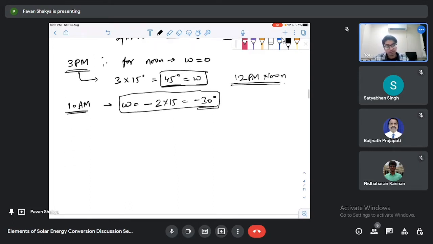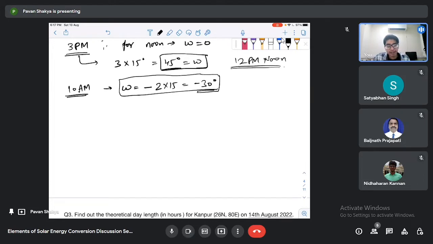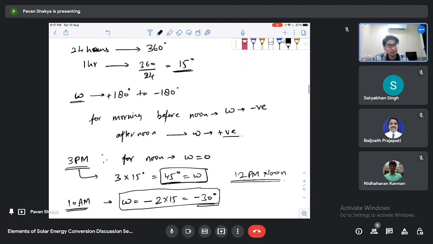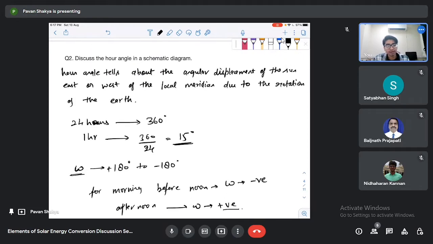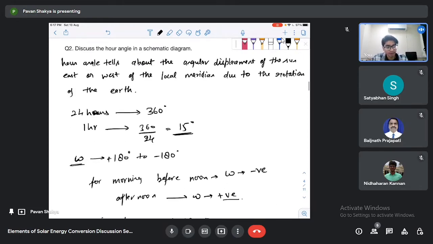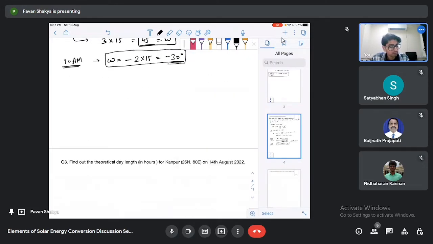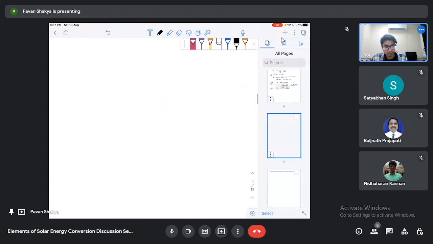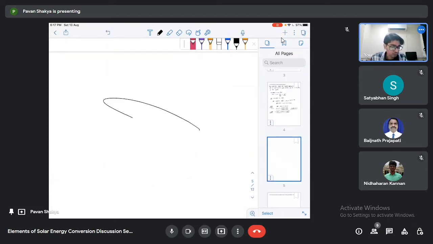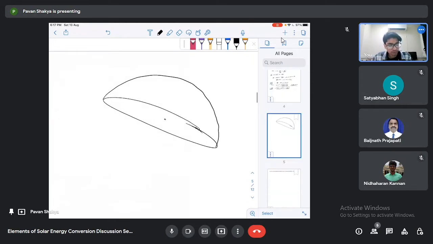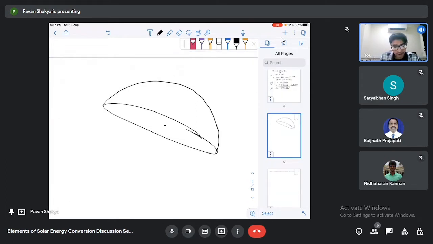Now we will see with this schematic diagram what this definition physically means, that is, what the angular displacement means. I have taken a semi-hemisphere that represents the half part of the globe, and this is the north and south direction.